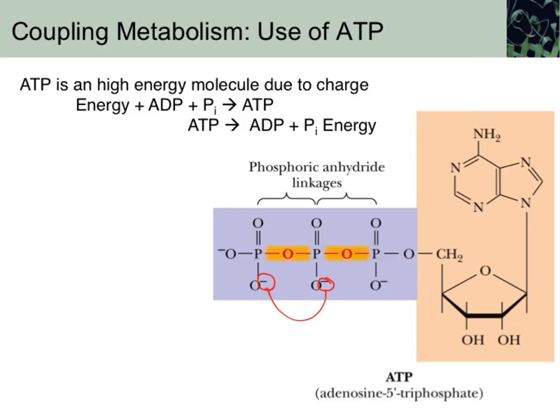So the transfer of that phosphate across releases a bunch of energy because we're releasing that tension of that negative-negative repulsion. We can translate that even further out into not just looking at the negatives, but looking at all of the oxygens around each of those as well. So it's that kind of electrostatic repulsion that gives us the biggest source of energy.